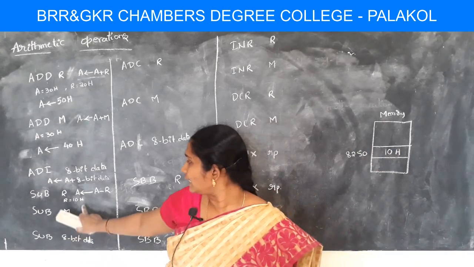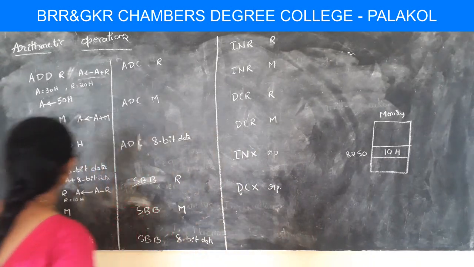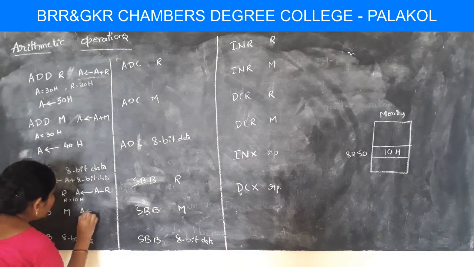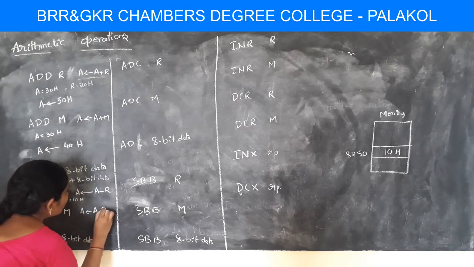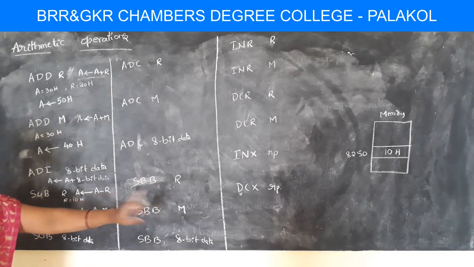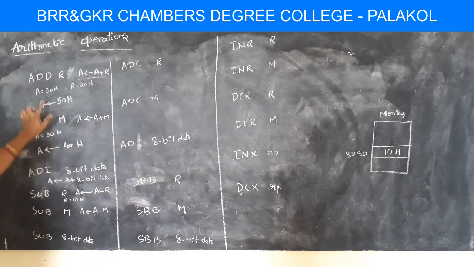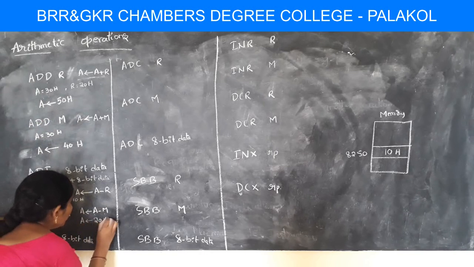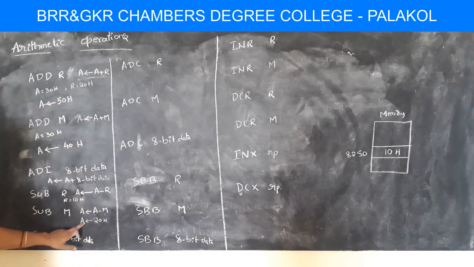So the meaning of this instruction is A becomes A minus M. In this memory location 10 is there, in the accumulator 30 is there, that means 30 minus 10 is 20. Here the 20 is stored in the accumulator. Okay, that is the meaning of this instruction.